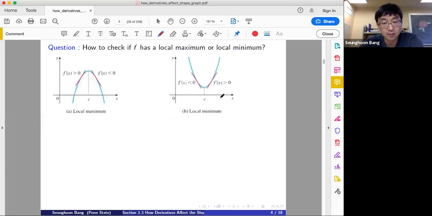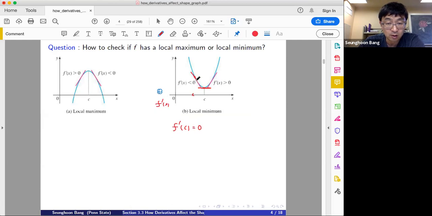The local minimum is similar. The c here, take the derivative, f prime of c equals 0. So what happens to f prime of x? You can choose point x here, x less than c.